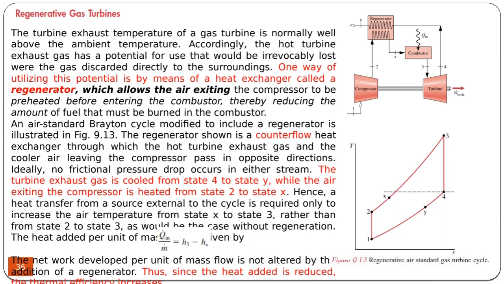So if it's possible to add heat beforehand, it would require less heat in this heat exchanger than otherwise. So a recuperation system is just a system that uses the waste heat from the exit of the turbine.